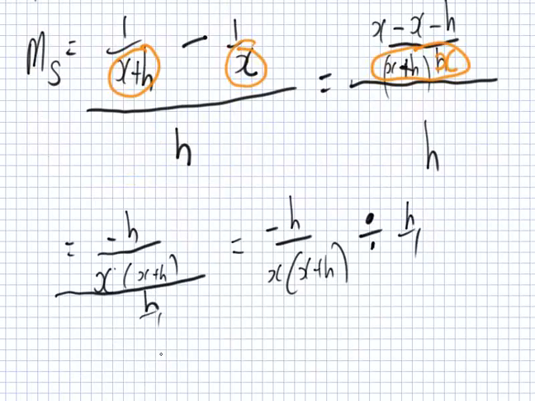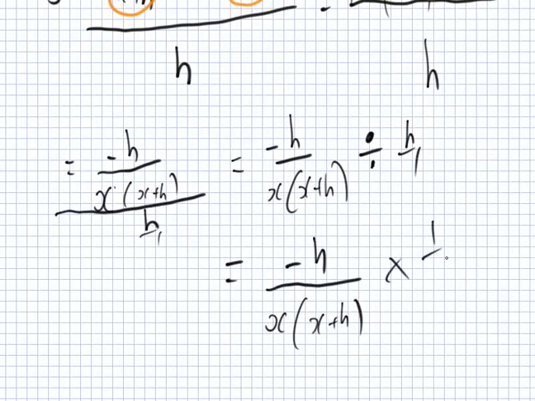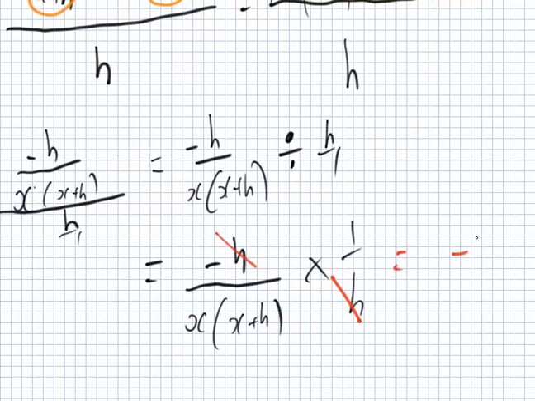And think back to your elementary school teacher. When you divide by fractions, what do you do? Turn it upside down. So you get minus h over x times x plus h times 1 over h. And then what happens now? They cancel. And you're left with your answer, which would be minus 1 over x times x plus h. Okay, that'd be the answer.